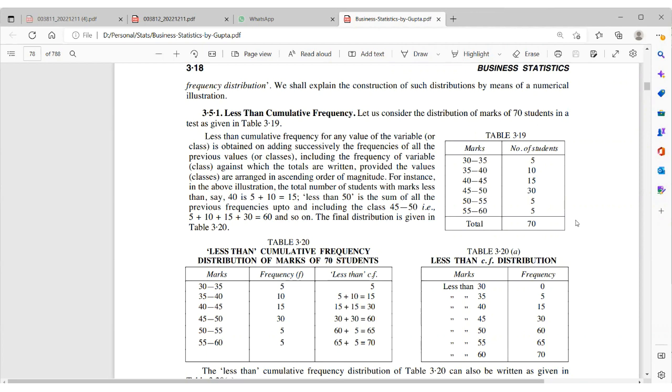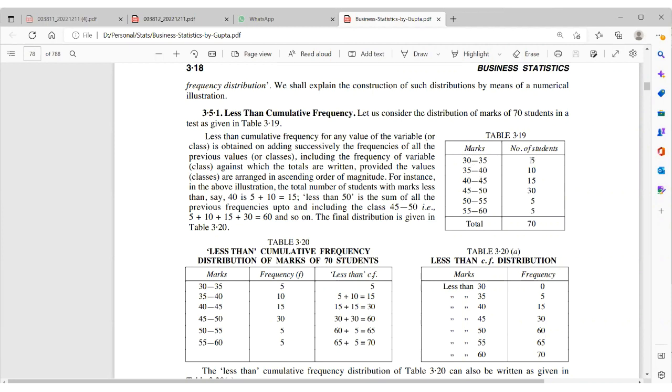Now, in a similar way, more than marks. How many got more than 30? 70 students. All students got more than 30. Now, how many got more than 35? 65 students. Very good.